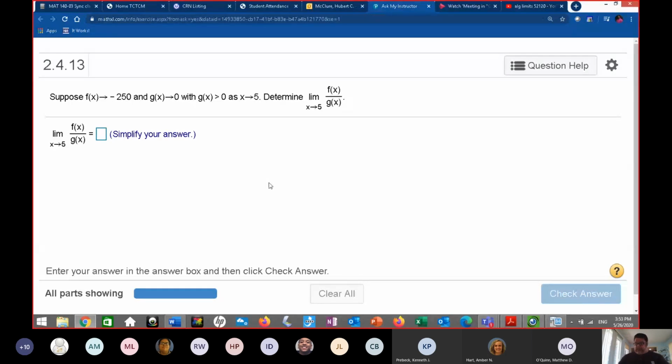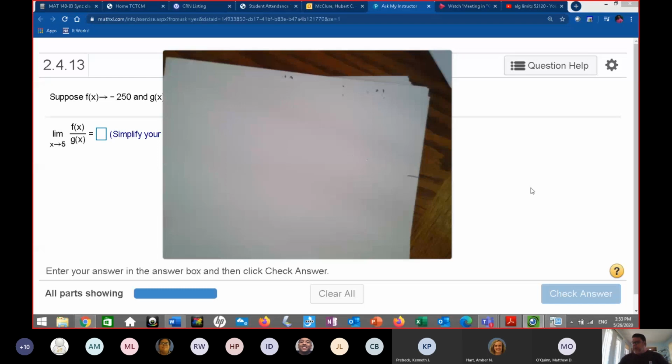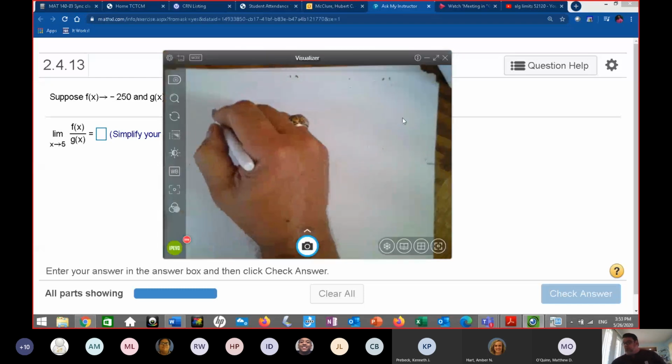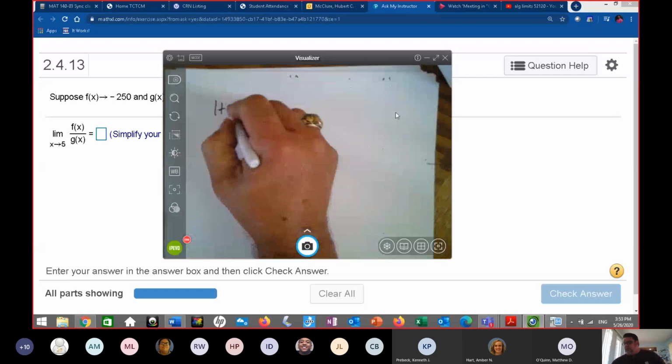Okay. Do you remember in the video, for the 13 or 14 that watched the video, I told y'all that when you have a fraction and you're doing it algebraically, you have to think about 1 plus infinity over infinity, like that.